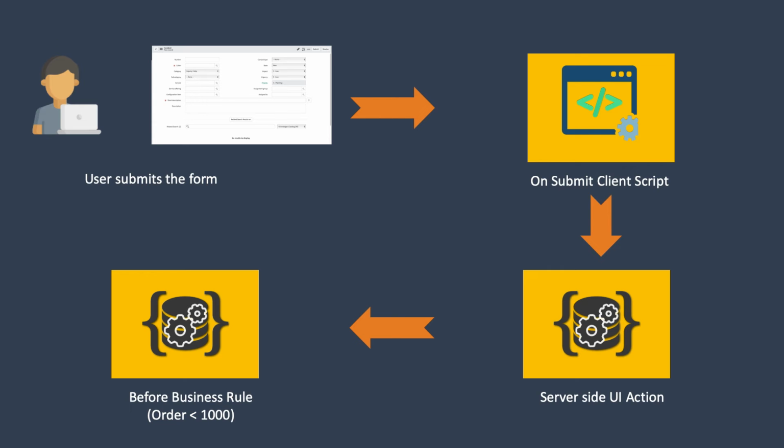They have mentioned business rules and how exactly script engines work and how they get executed. But overall, all the business rules that have order less than 1,000 will be executed first. Once all are done with the execution, then it will run the workflow.